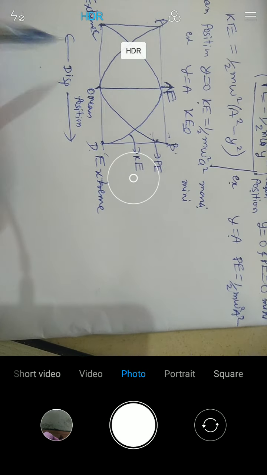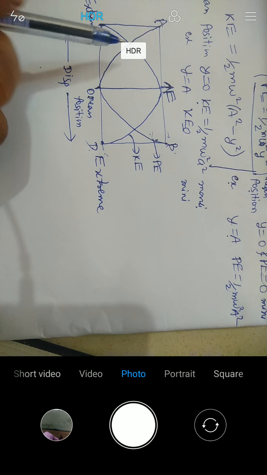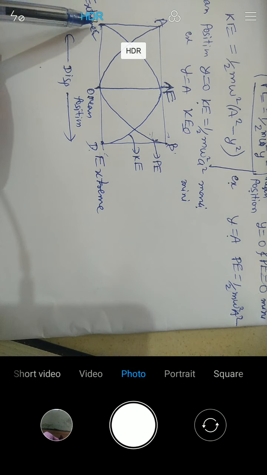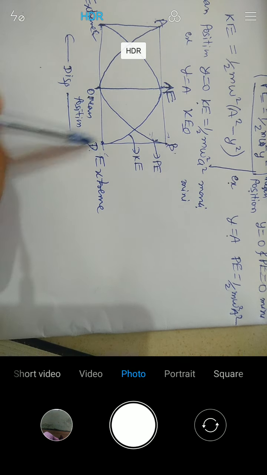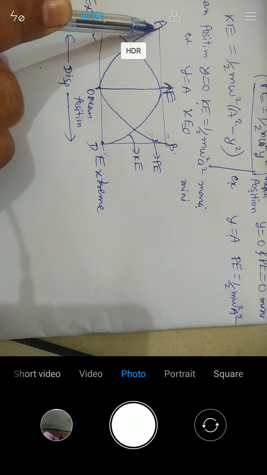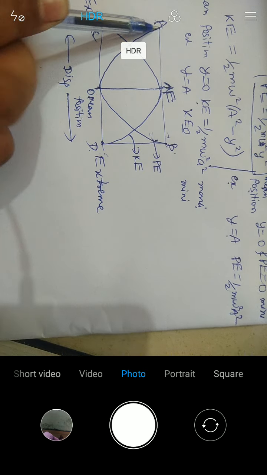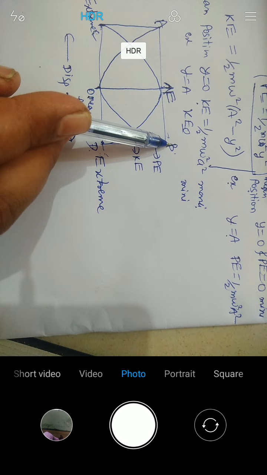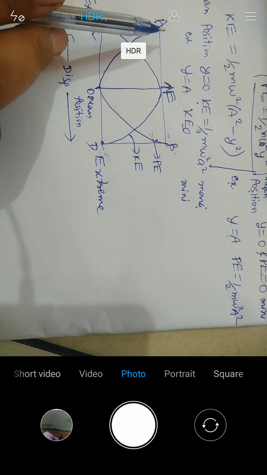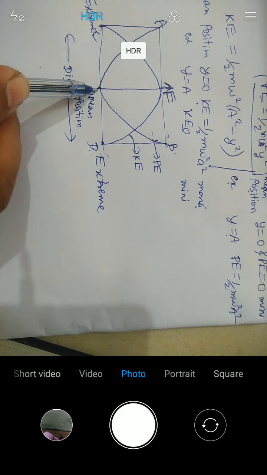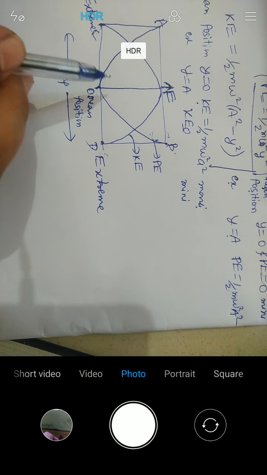Once again, I will tell about this. The curve AOB is the potential energy, curve CED represents kinetic energy. At the positions A and B, the extreme positions, the potential energy is maximum, and at the mean position potential energy is 0.